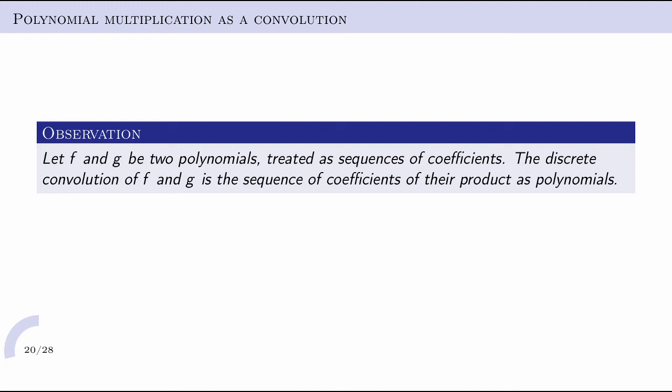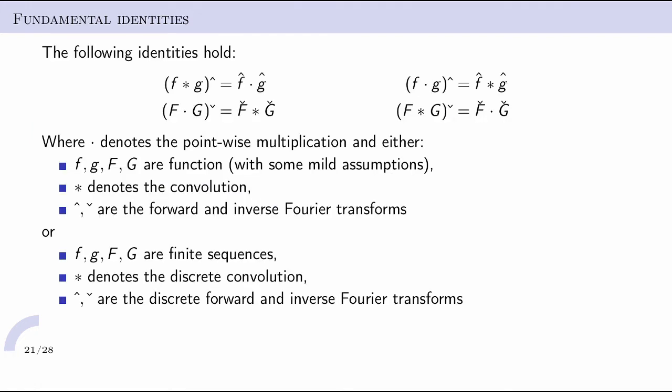So the discrete convolution is just a different way of saying a product of polynomials. It's just the same thing but approached from a different direction. Now we have a fundamental identity which is true both in the analytic and discrete cases. So this is true both in the continuous world and in the discrete world.